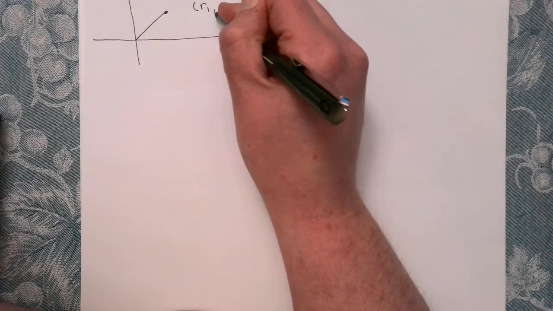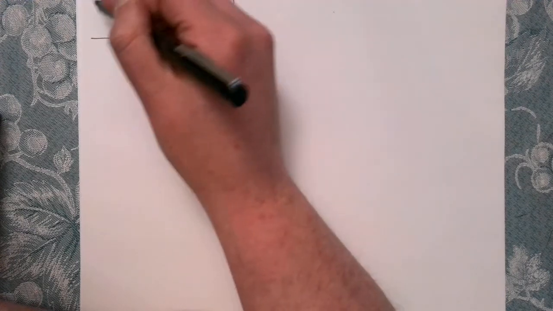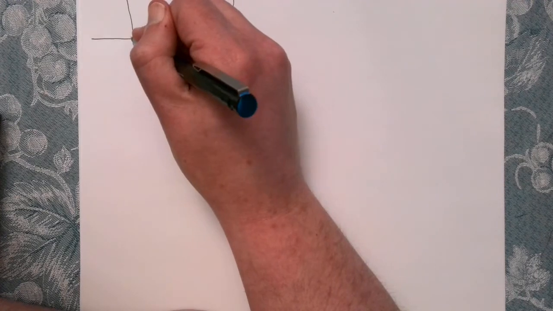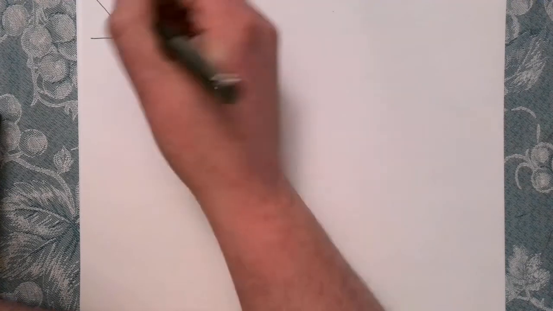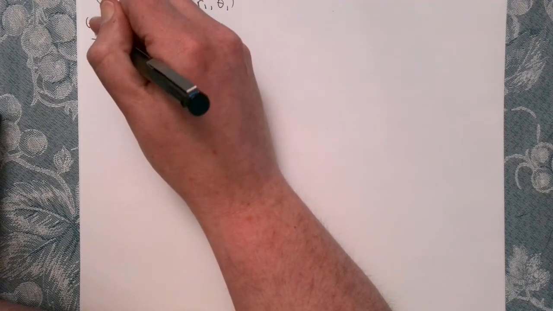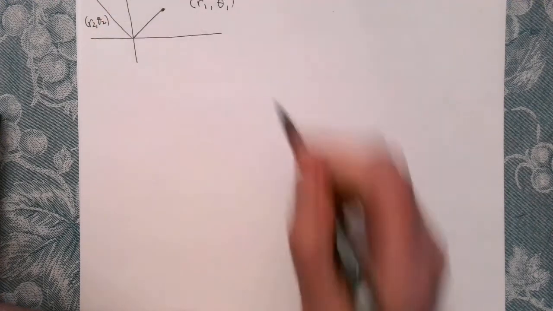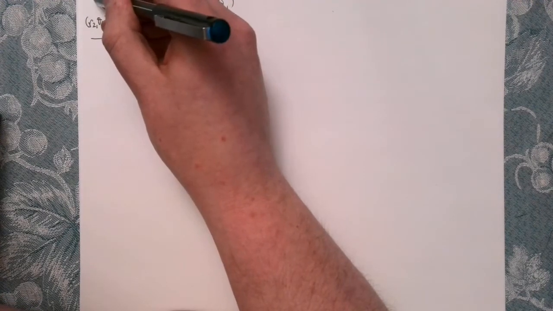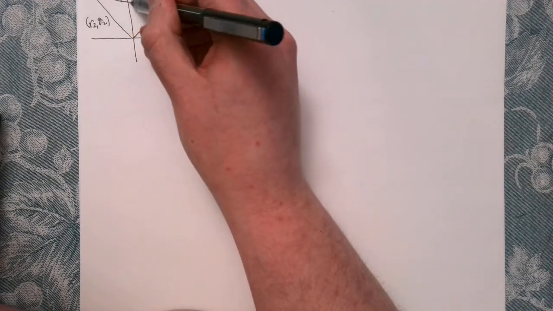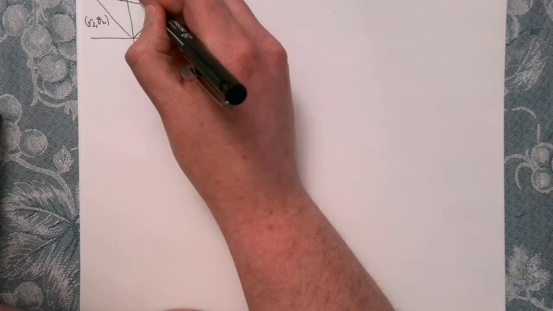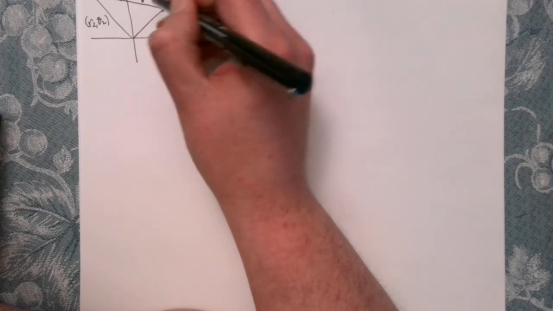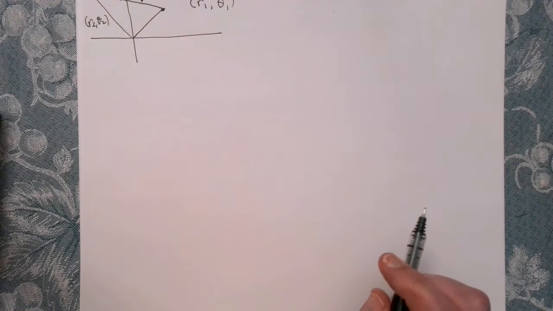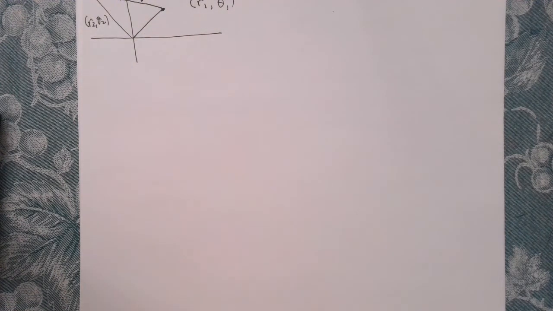We said that was in polar r1 theta 1, and then in polar we said that was what, r2 theta 2? So r2 theta 2. Okay, and so we want the distance between this point and this point. Let's call that distance question mark, because I don't know what it is yet. Well, we do, but we don't.